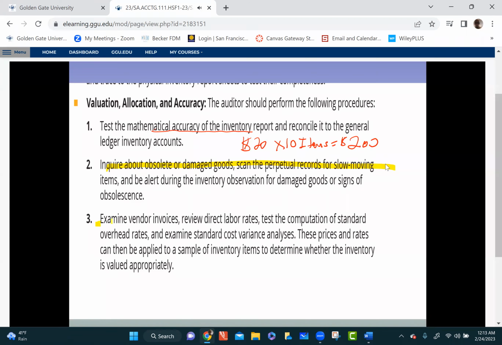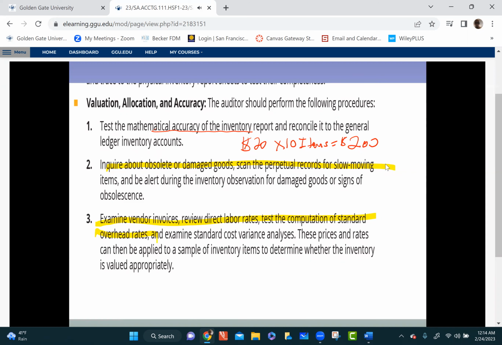Also, make sure you're satisfied with overhead rates if they're a manufacturer. Most of the time in auditing, we talk from the standpoint of a retail entity. But if you have a manufacturer, you're going to want to understand how they're gathering the direct labor, the direct materials, and then the indirect overhead.